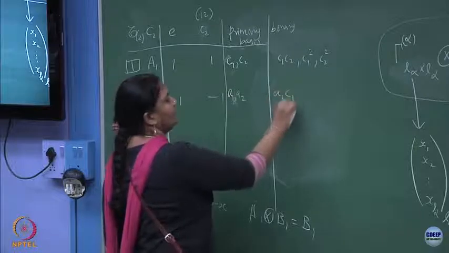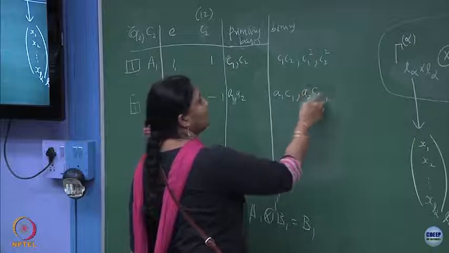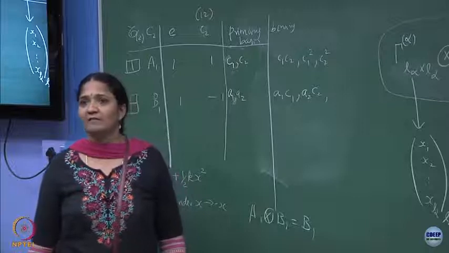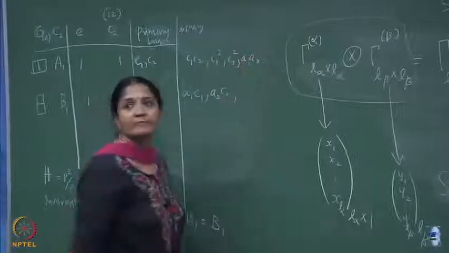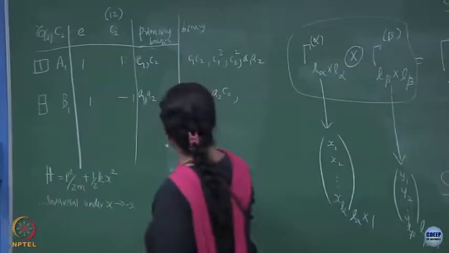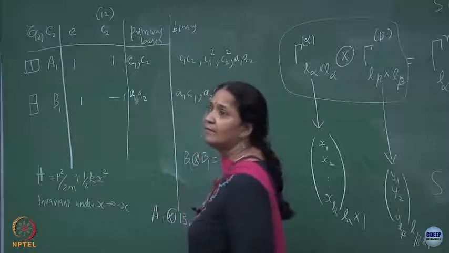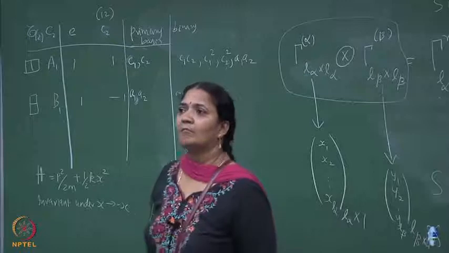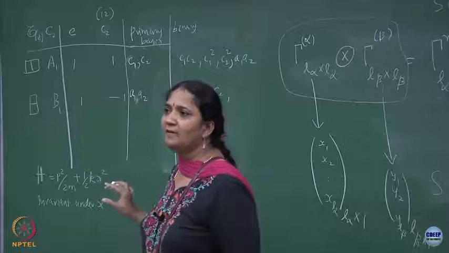You will have A1 C1, A2 C2, all possibilities, but you cannot have A1 A2, you agree? A1 A2 can go here. Why can it go there? Because B1 times B1 is A1. Clear? Taking the simplest example to explain it to you.